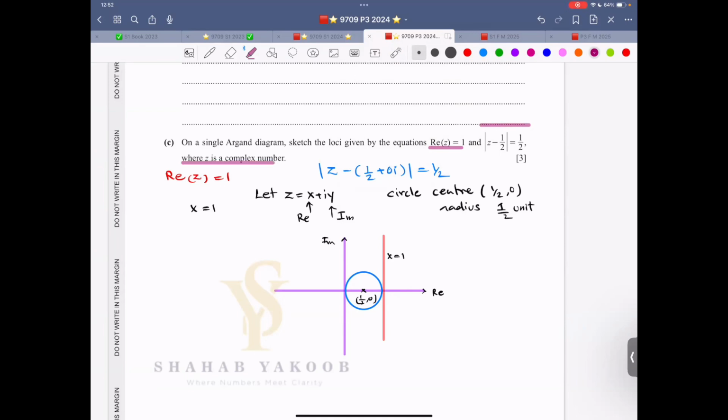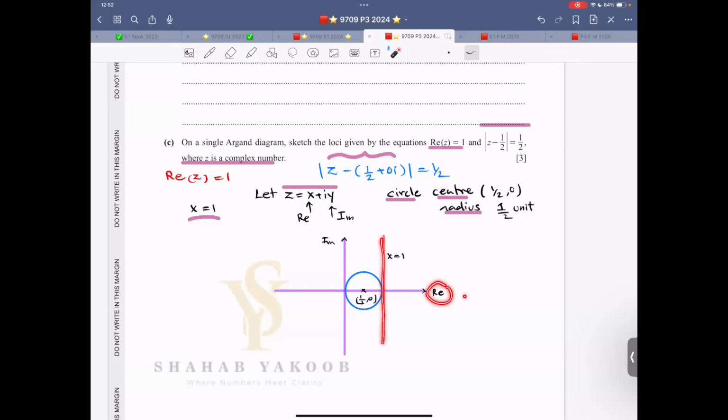So when we write any complex number as x plus iy, the real part of z is x. So therefore, x is equal to 1. And when something is given in this form, that is a circle, the center is this thing, the radius is this thing. So now draw the line x is equal to 1.